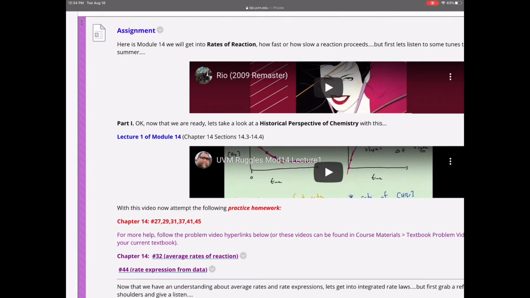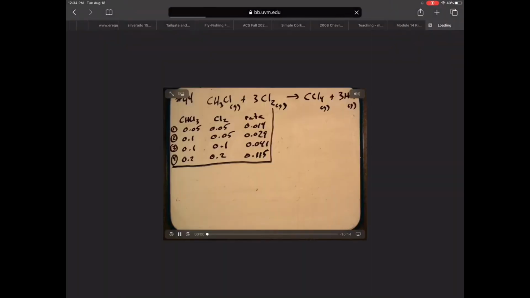But if we don't, we can always go back to the lecture video for insight to help us with a particular problem. Or if we have a sense of the section, we go down to the purple links and click one of these. Let's say I'm having a problem with the rate expressions from data. I can click that link.